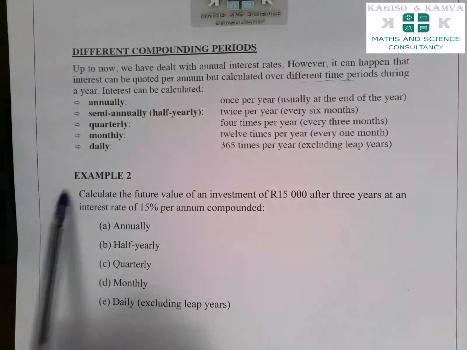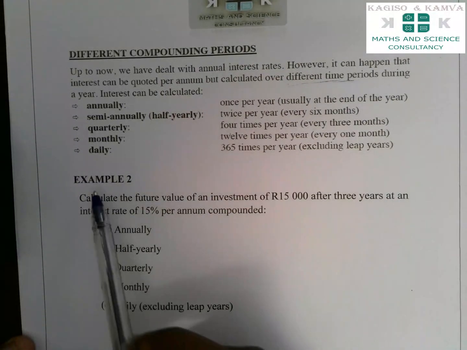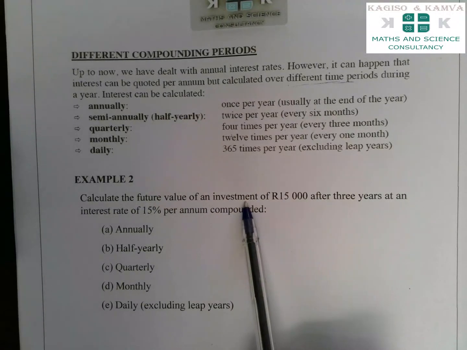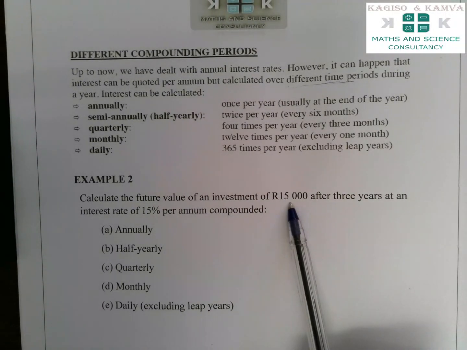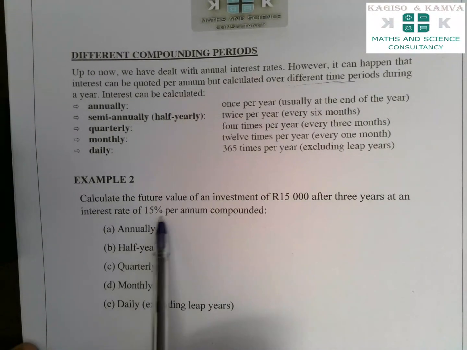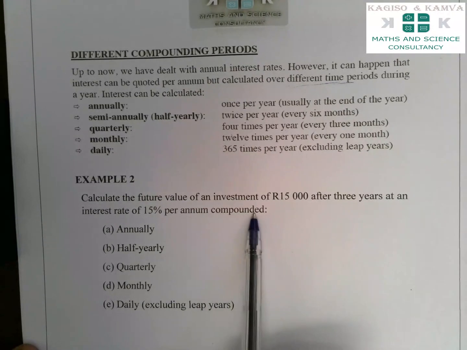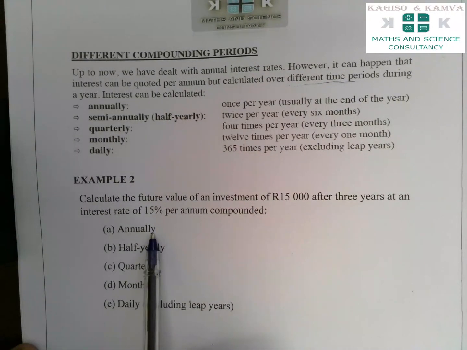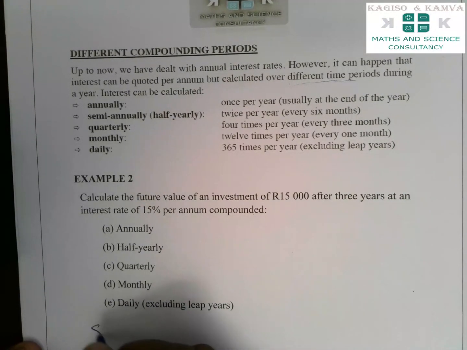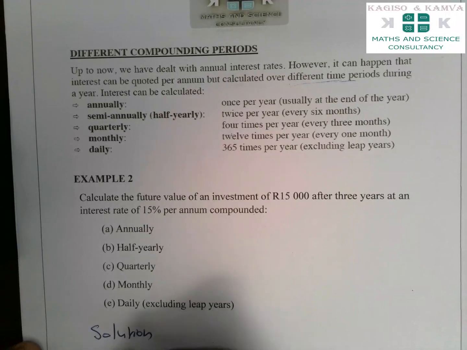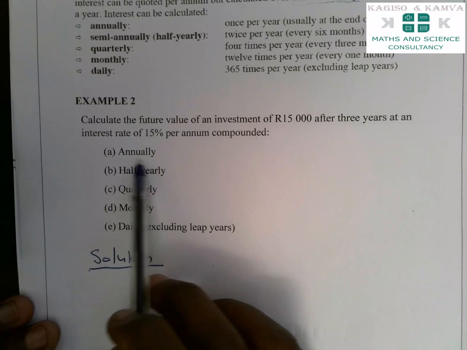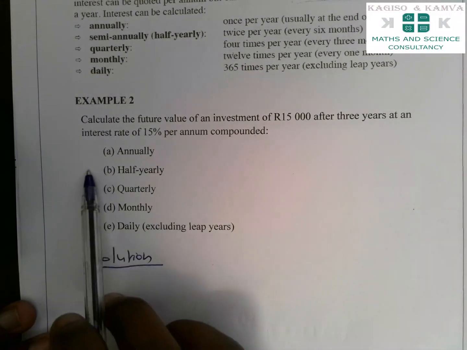Let us do example 2. Calculate the value of an investment of 15,000 after 3 years at an interest rate of 15% per annum, compounded annually. For this one, we know that interest is only calculated once a year.